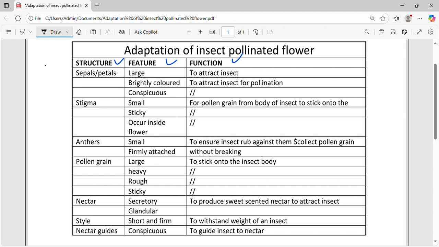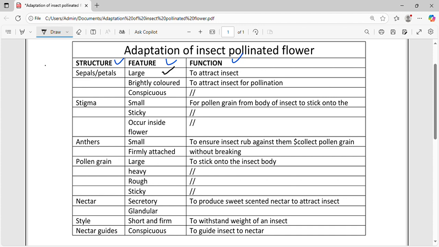The structure of a flower is sepals or petals. For insect pollinated flowers, the petals are large. Each feature is a mark.